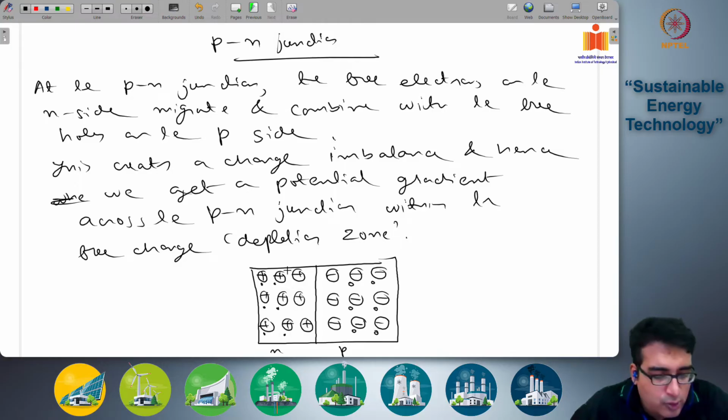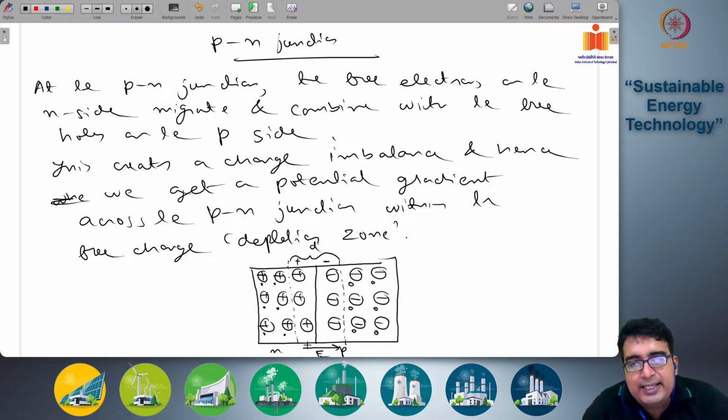But within this zone, there are no free electrons and holes. So you have a positive charge here and a negative charge here. This is called the depletion zone D, with a positive charge here and a negative charge here, creating a potential gradient E across this zone. Okay.